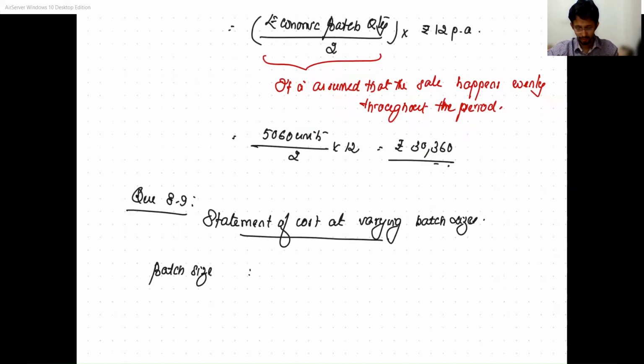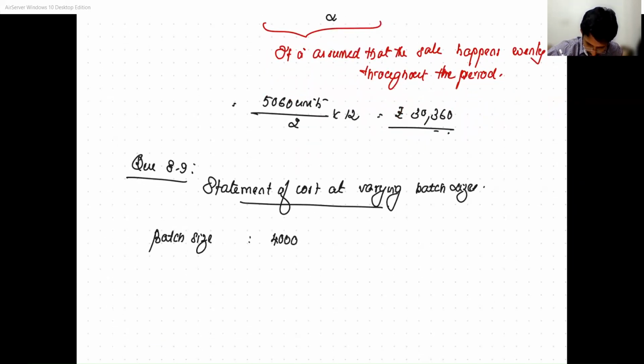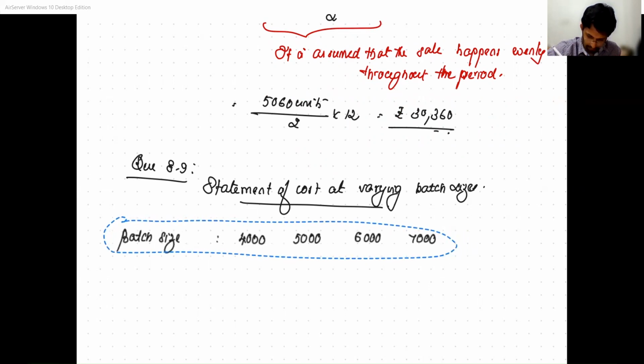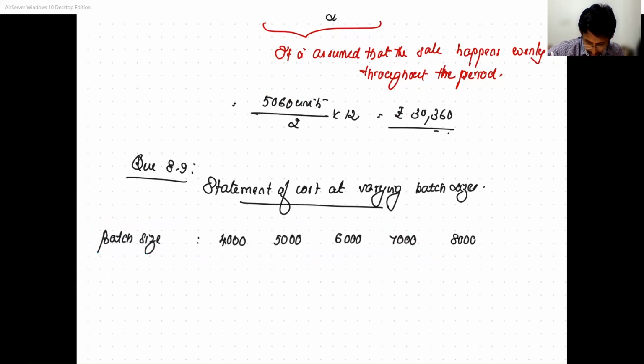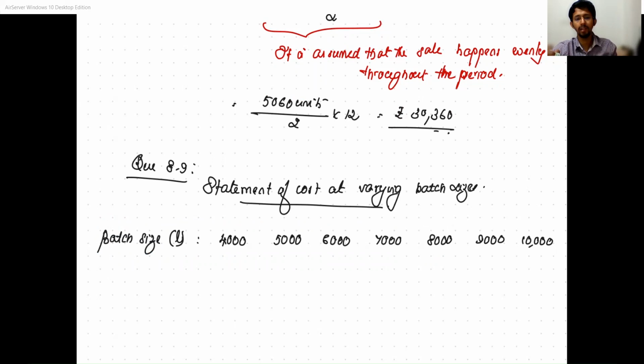Batch size could be 4,000, 5,000, 6,000, 7,000, 8,000, 9,000, 10,000. All in liters.